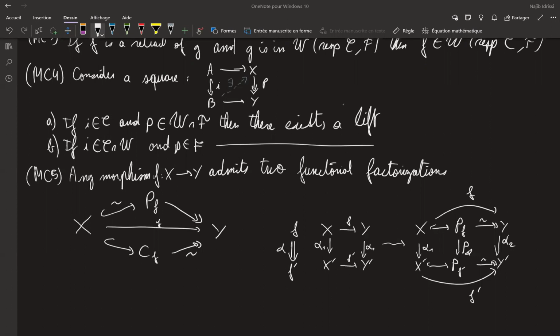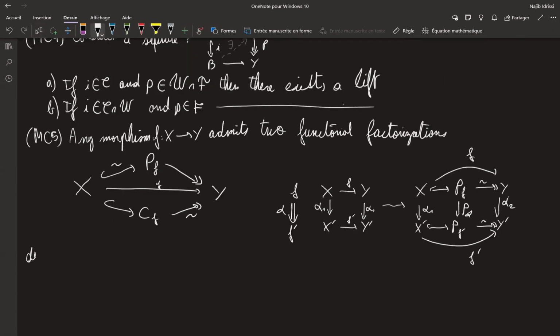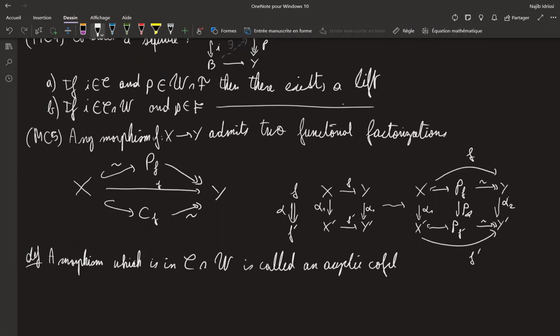Okay, so let me also give some definitions. A morphism which is in C intersect W is called an acyclic cofibration.